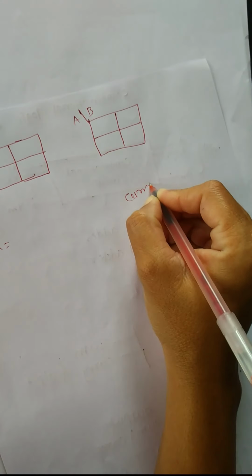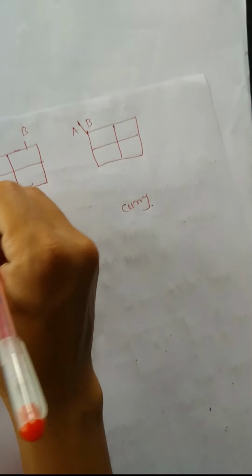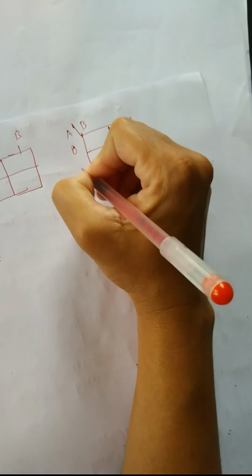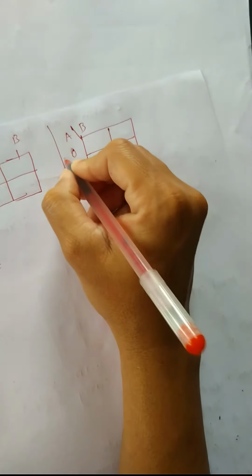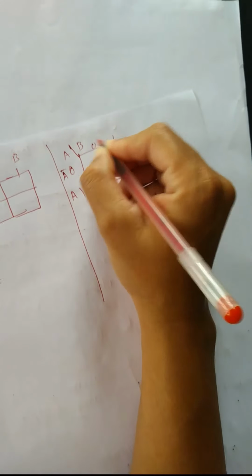This is the K-map for sum and this is the K-map for carry. Here is 0 1 for B bar, B, and A bar, A, 0 1. For sum and carry you have to design this.